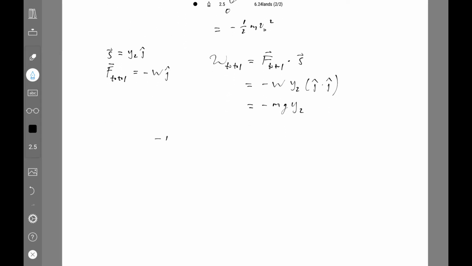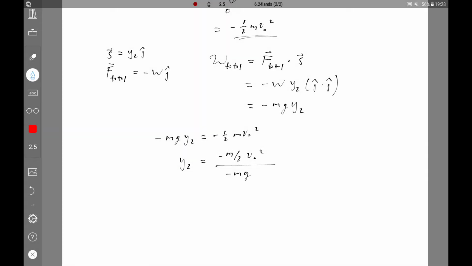So negative mg y2 is equal to negative 1/2 m v naught squared. So y2 is equal to negative m over 2 v naught squared divided by negative mg. And yep, the masses again cancel. We can cancel a negative sign. That's equal to v naught squared over 2g.